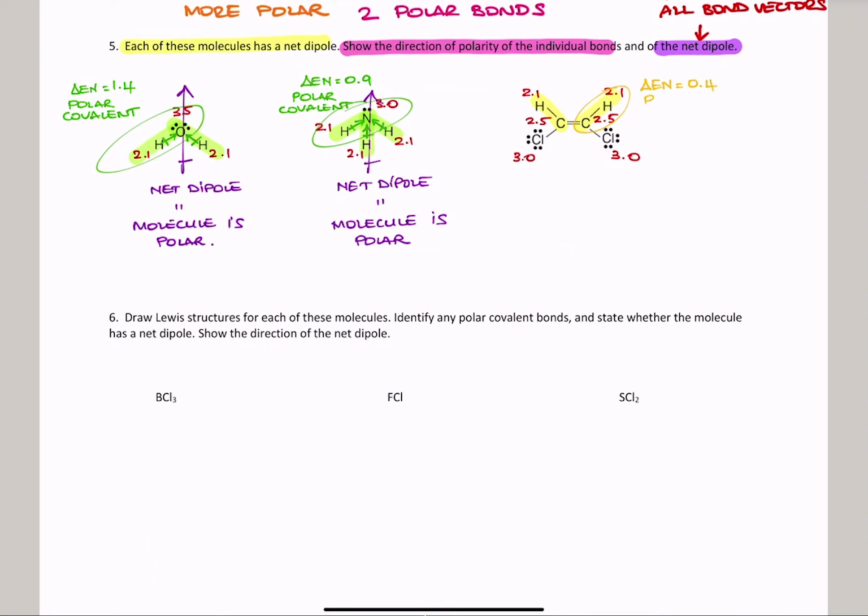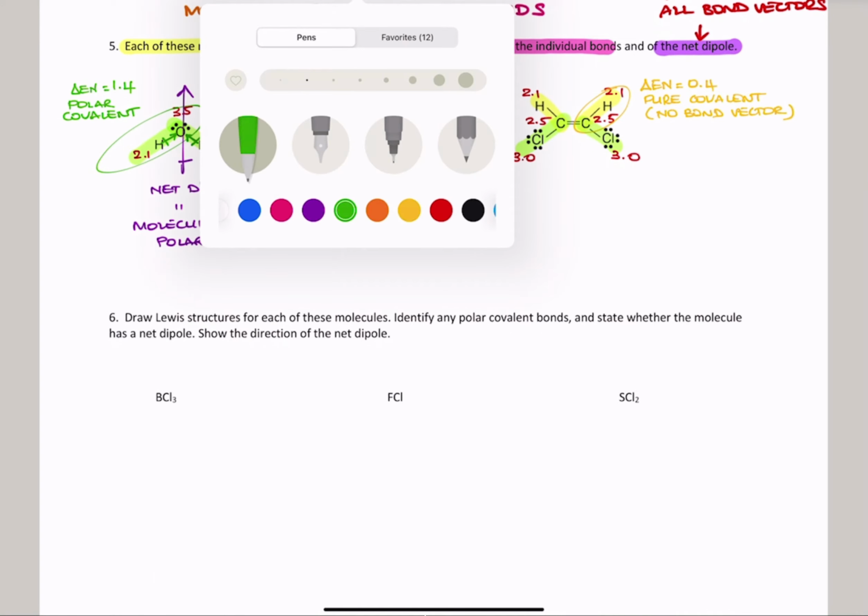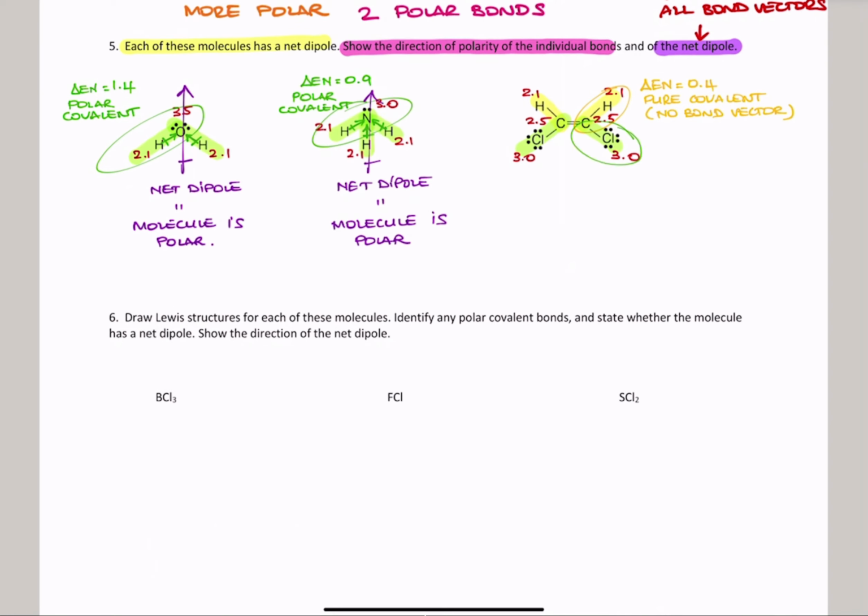Therefore, these bonds are pure covalent, and there is no bond vector, since the electrons are evenly shared. The second kind of bond we have is the CCl. The delta EN is equal to 0.5, which makes this bond slightly polar covalent, where the electrons are pulled toward the Cl.